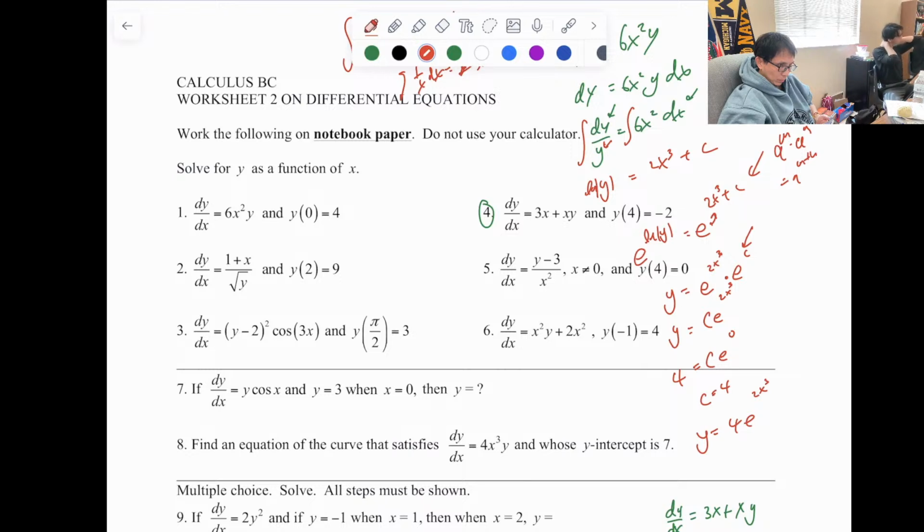Because it's y equals C e to the 1 over negative x plus 3. So you have to make this equal 3. How are you getting dy over y? Oh, number 1? Yeah, dy over y.